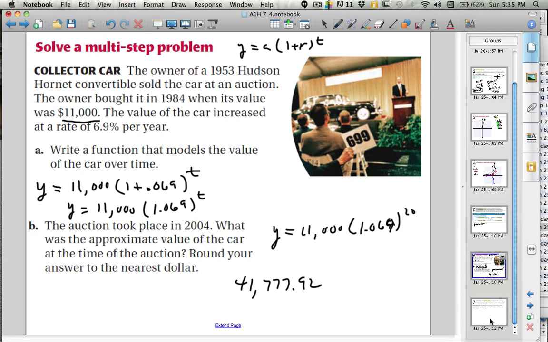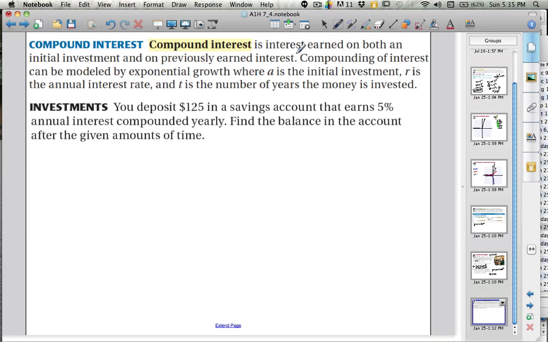Let's take a look at another problem. Again, that was a compound interest problem. So was the previous problem. Compound interest is interest earned on both an initial investment and on previously earned interest. And we're going to use that same formula. So if I deposit $125 into a savings account, that's going to be my A value, my starting dollar amount.